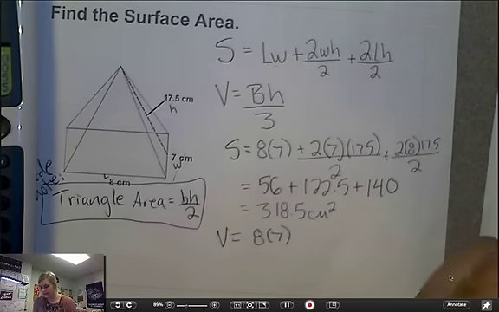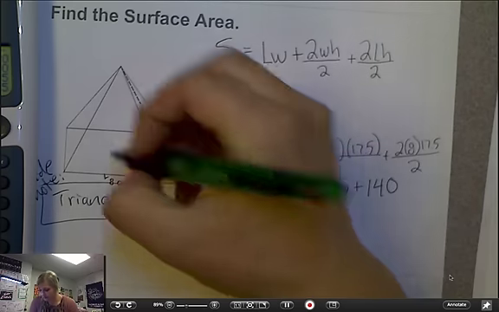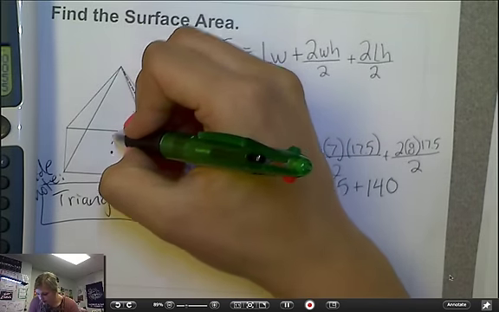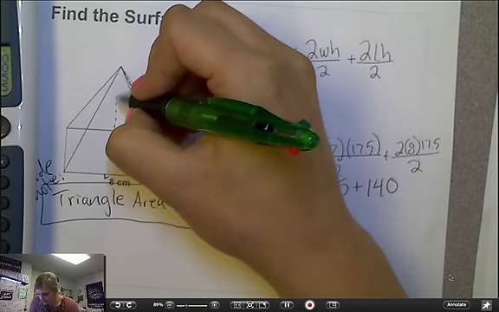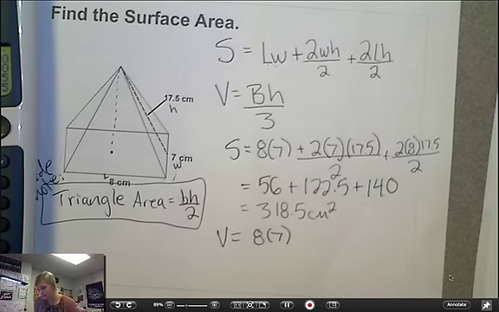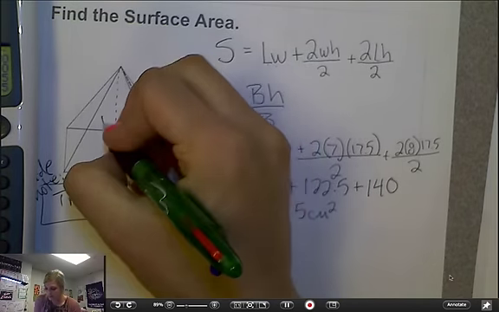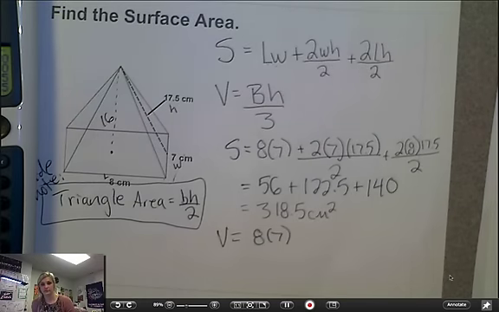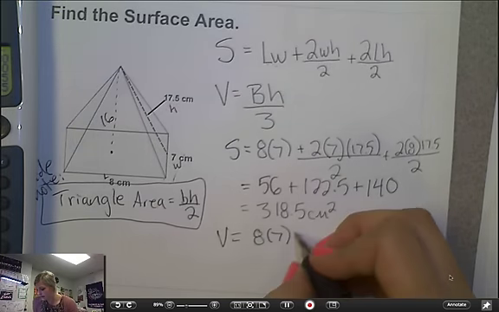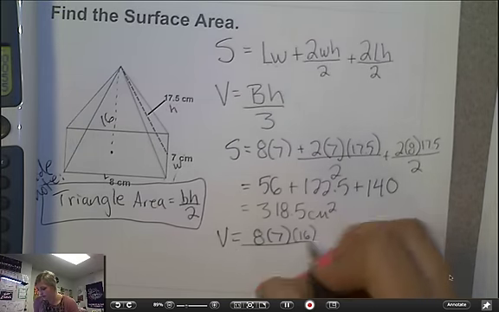And then my height is a little bit different. The height is actually from here up. So I'm going to tell you right now, it's not given in this question, but I'm going to tell you what it is now. It is 16. So I multiply that by 16, and then I divide all of that by 3.